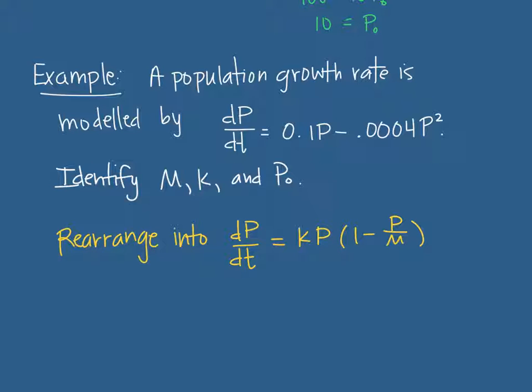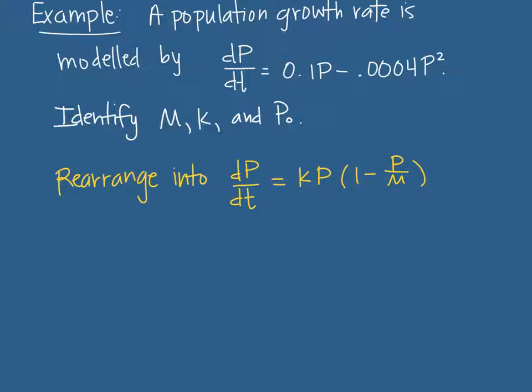So we need to do the algebra to make what we were given look like the form that we need. In other words, we have to factor. So what could we factor out so that we've got something factored out and then it starts with 1 minus blah, blah, blah.